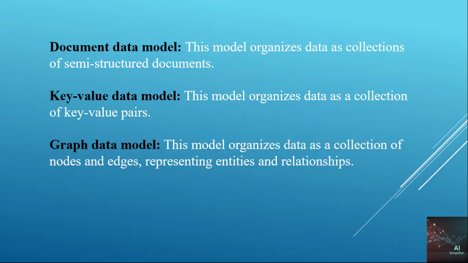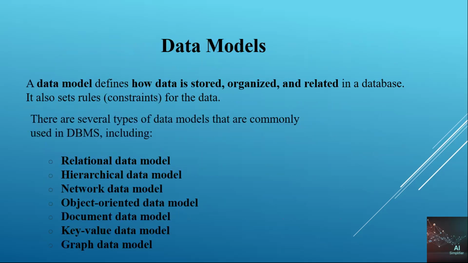So in all, just for clarity, data model is how your data is stored. Now in total, we have 7 types of data model: relational data model, hierarchical data model, and so on, and each data model has several advantages and disadvantages. Based upon your application, whatever you want to do, you will choose which type of data model to use for your database, right?